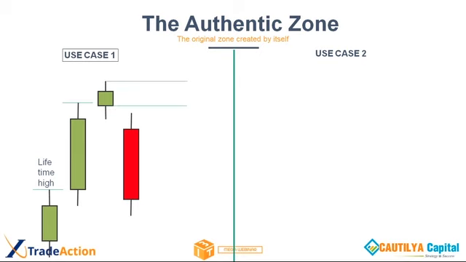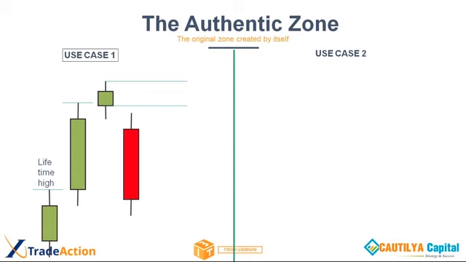Okay, now I have marked the proximal and the distal lines there, and this is a zone which has happened for the very first time. Lifetime high means that level price has never gone to in the past. Okay, this is a very fresh supply zone ever created.